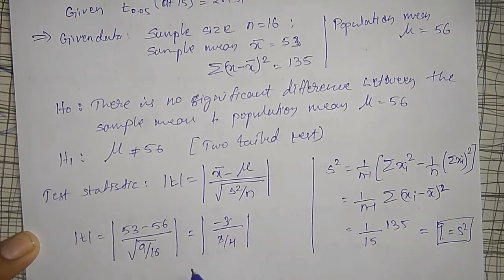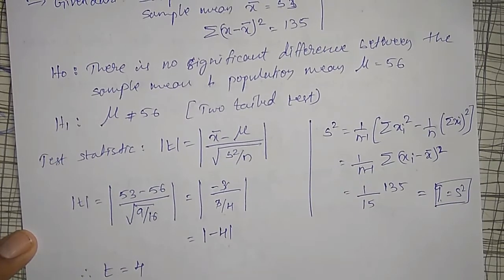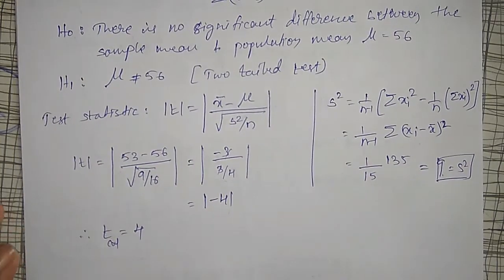This is going to cancel, reciprocate it, you will get minus modulus of 4. Therefore t is equal to 4. This is the calculated value of t equal to 4.